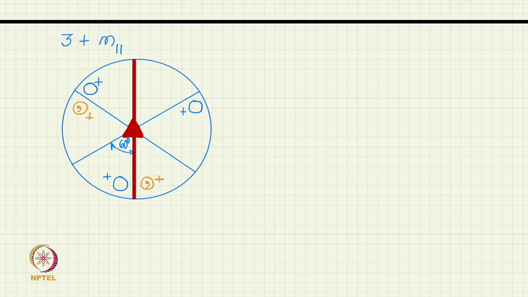And finally, if I reflect the third motif, I get its counterpart there. So, now I have 6 general positions or 6 motifs generated by application of the threefold and a mirror.